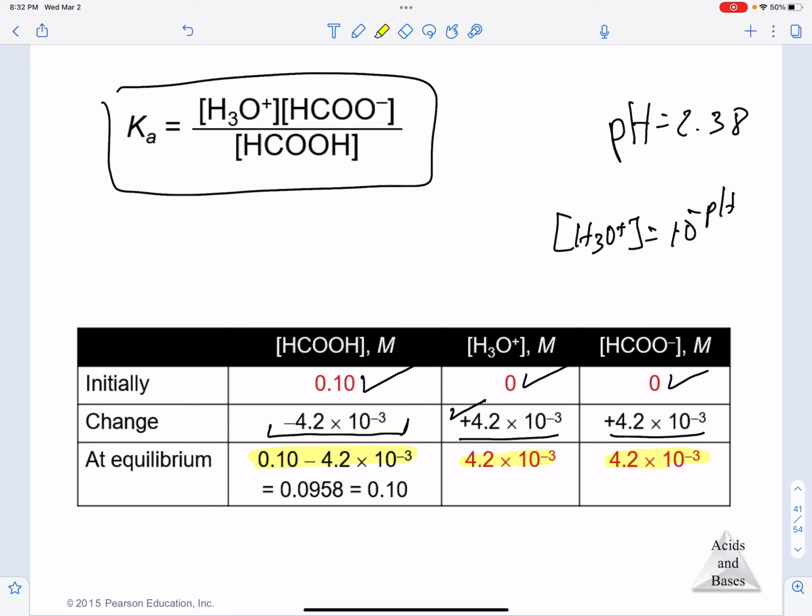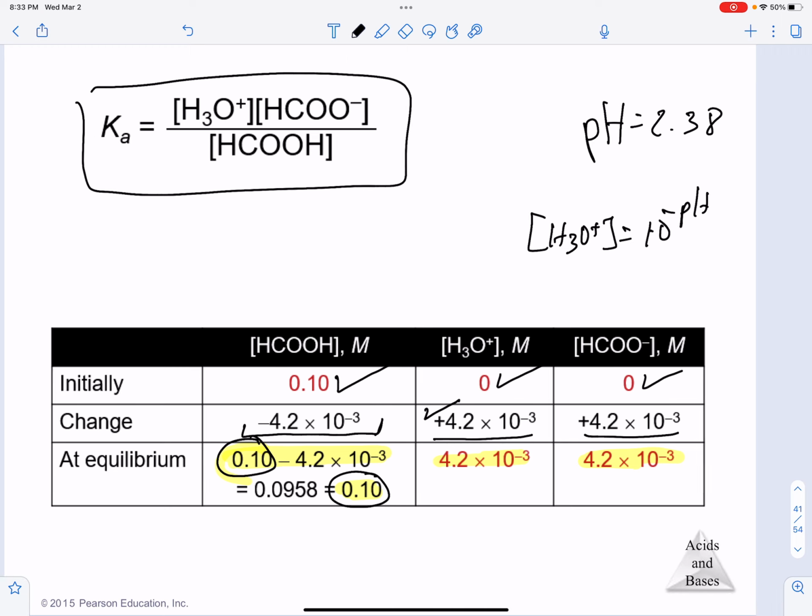So when we plug in these numbers, notice that we're taking 0.10 minus 0.0042. If we use the significant figure rules, basically we end up with the same thing. We have to drop the rest, so the minus x is basically insignificant at this point.